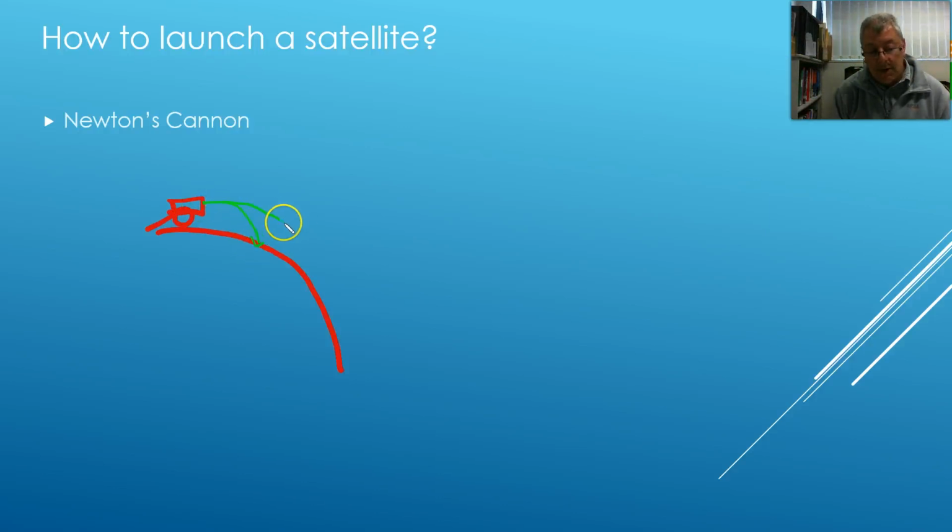With a greater velocity it would travel further whilst experiencing gravity and falling due to the influence of gravity. But if you fired it with enough velocity, its rate of falling towards the Earth would be the same as the curvature of the Earth, and therefore it would go around in a circle and continue on.